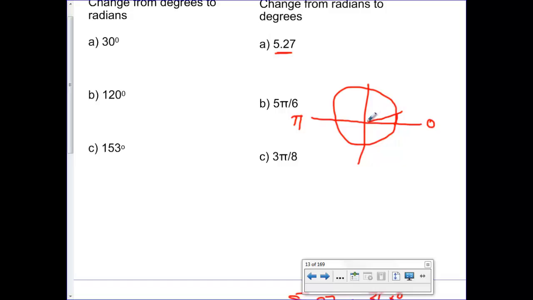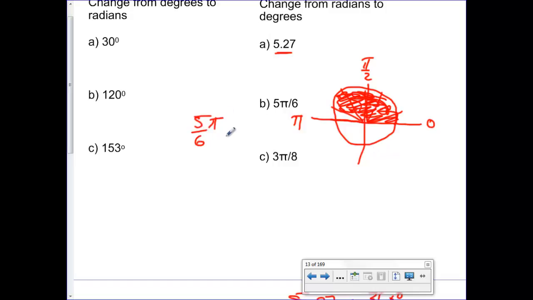So this could be 1/6, 2/6, 3/6, which by the way is half, 4/6, 5/6, and right here this would be 6/6. Does that make sense? So 5/6 of pi would be all the way up to here.